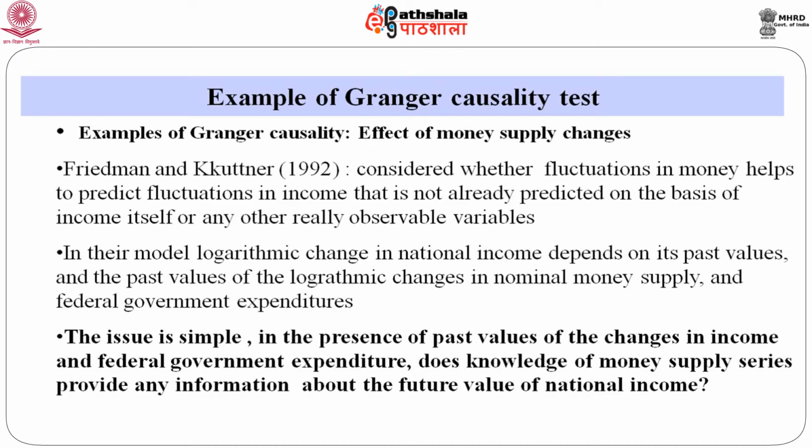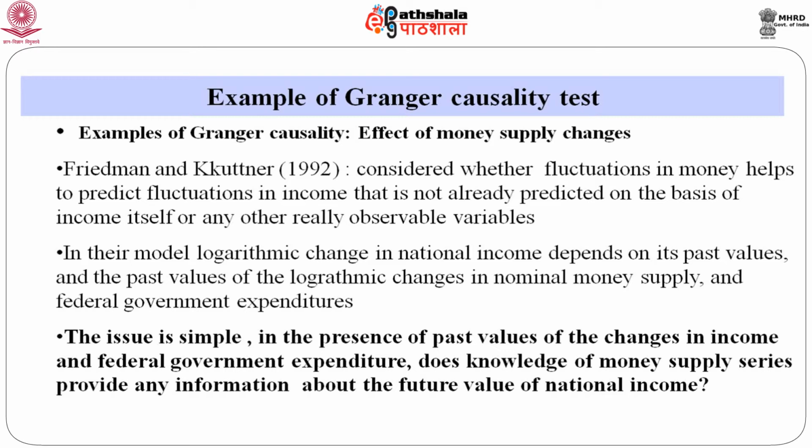Now, in their model, the logarithmic change in national income depends on its past values, and the past values of the logarithmic changes in money supply and federal government expenditure. The issue is simple: in the presence of past values of the changes in income and federal government expenditure, does knowledge of the money supply series provide any information about the future value of income?